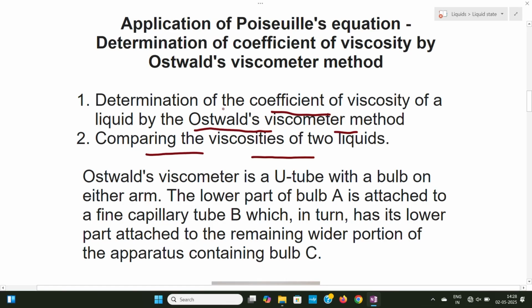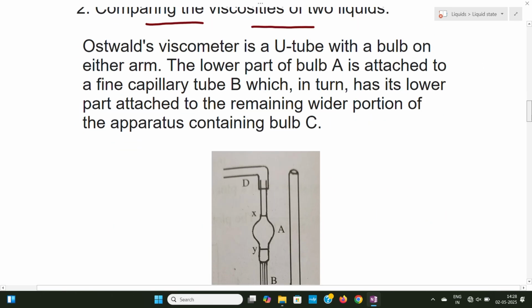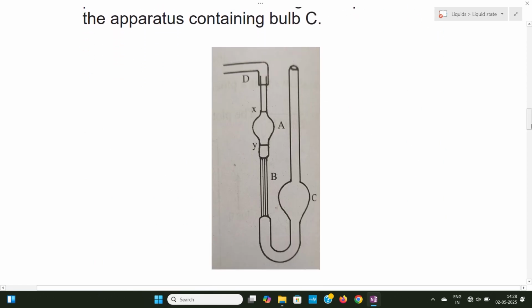First application, determination of the coefficient of viscosity of a liquid by the Oswald viscometer method. To understand the Oswald viscometer, we have a figure here. The Oswald viscometer is a U-tube with bulbs in both arms. A is a small bulb.